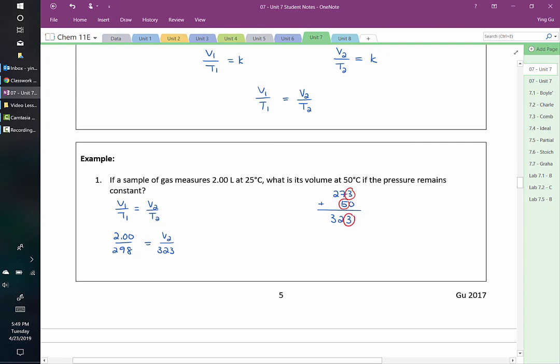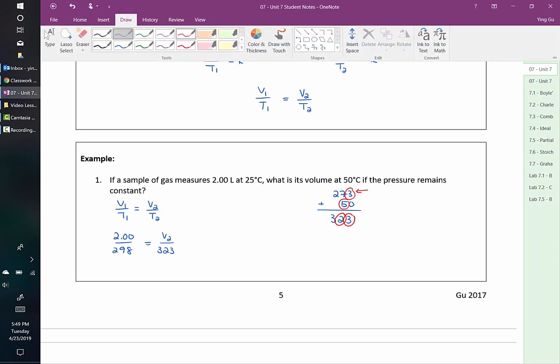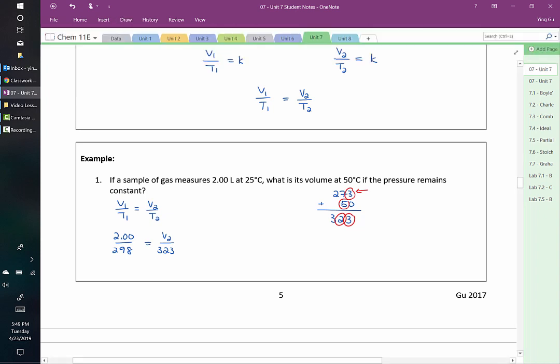This 3, because of that 3, is uncertain, and also this 2, because of that 5. And in every final number that we get from a calculation, we are only allowed to report one uncertain digit, which means that 323 is actually a 2 sig fig number.